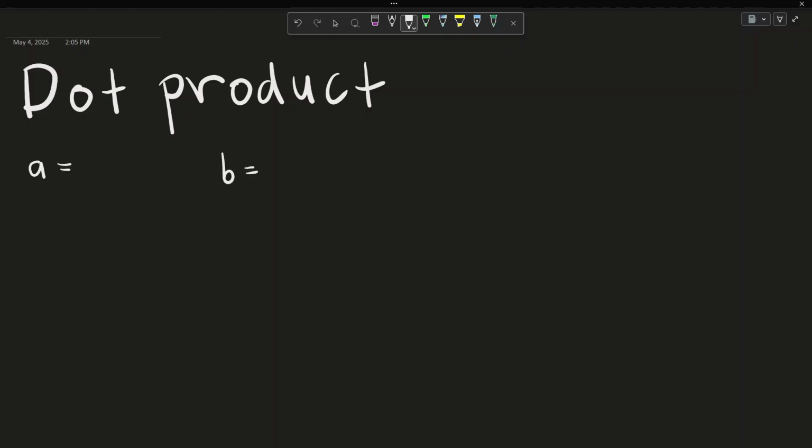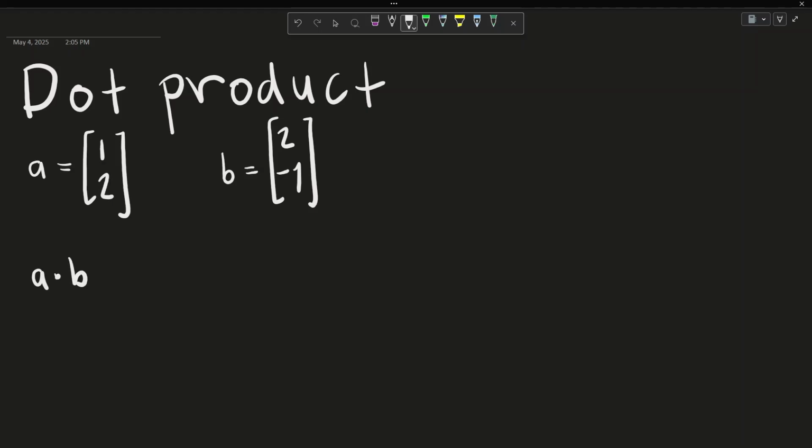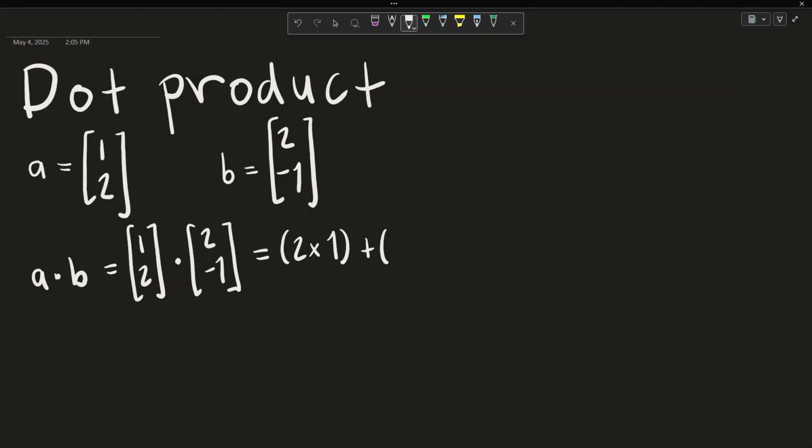Let's now take another example where we'll set A equal to 1, 2, and we'll set B equal to 2, -1. If we now attempted to take A dot B, which would be 1, 2 dot 2, -1, you can pause the video here to attempt the question yourself, but if you're interested in just seeing the answer, we'd obtain 2 times 1 plus 2 times -1.